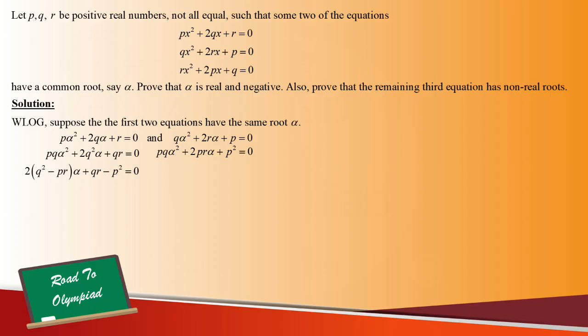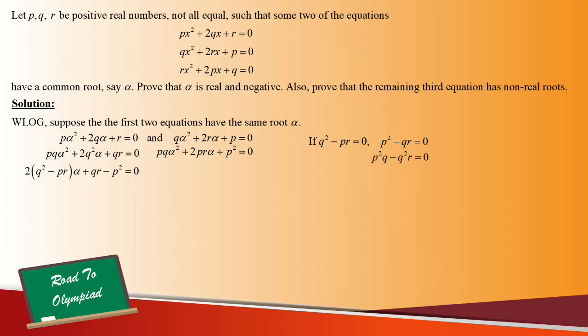Now, we claim that q squared minus pr cannot be 0, and thus we can solve the equation for alpha. To do so, we see that if q squared minus pr is equal to 0, the equation just now will give us qr minus p squared is equal to 0. This is simply p squared minus qr is equal to 0.